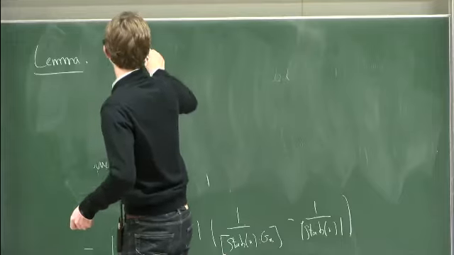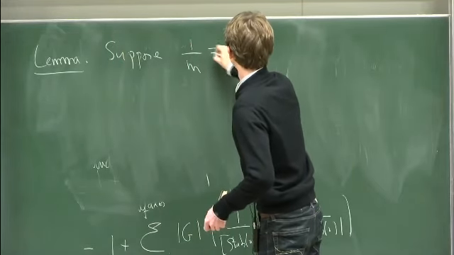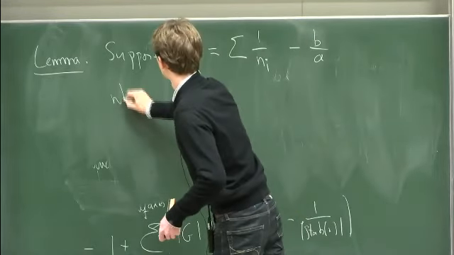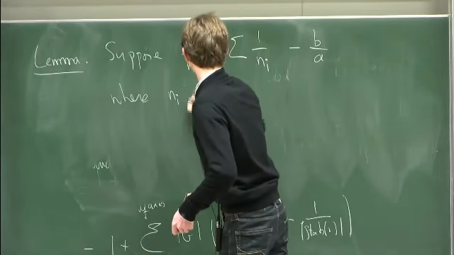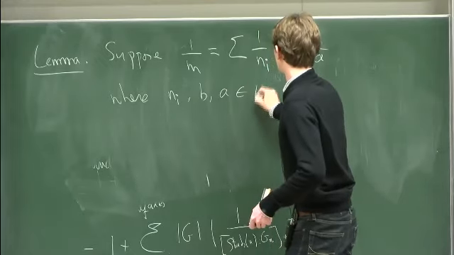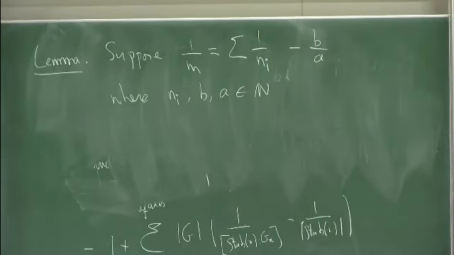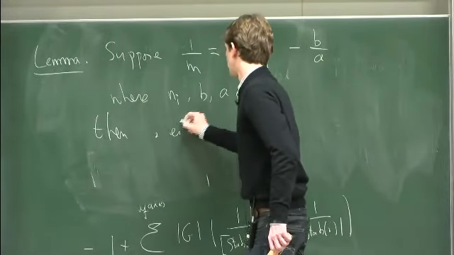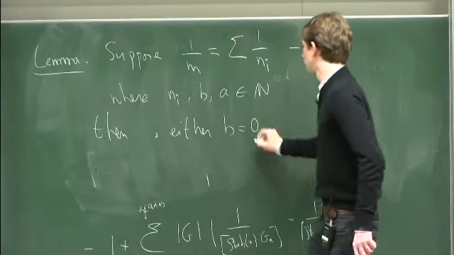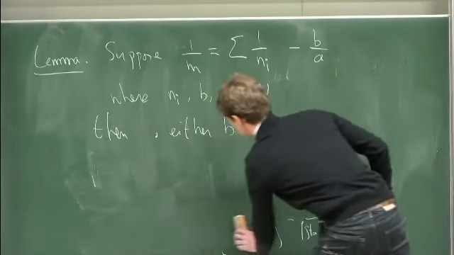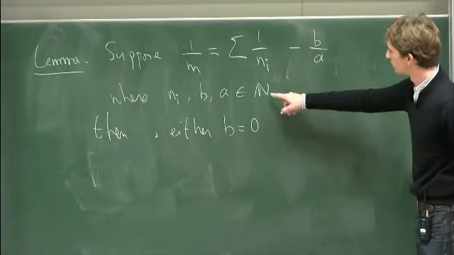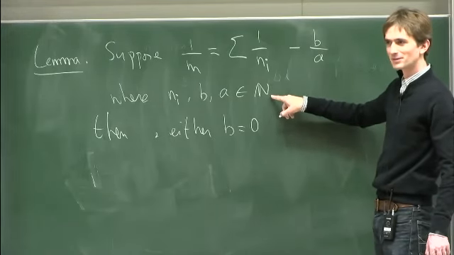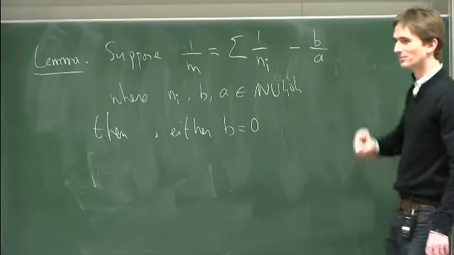Suppose that 1 over m is equal to this, where the n_i's, b and a belong to N. I think I'm using the French notation for the natural numbers; in England this does not contain 0, but let me take this for them.